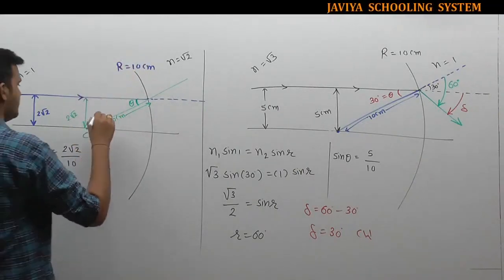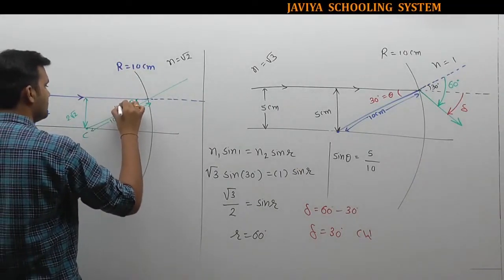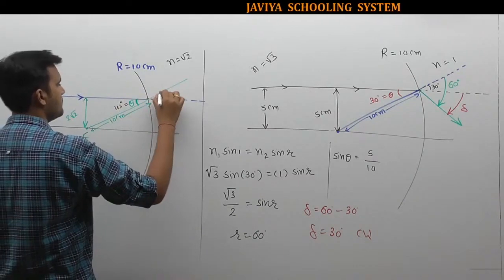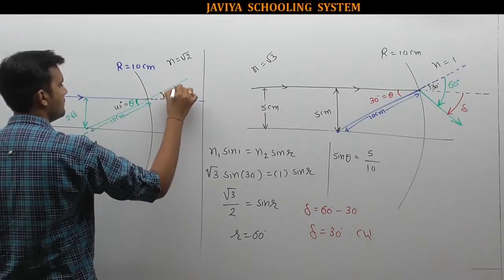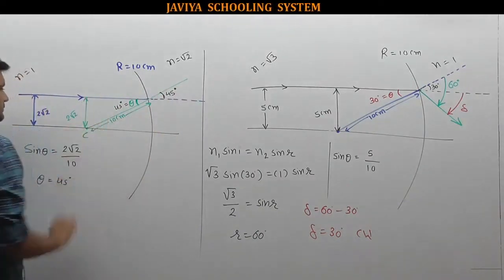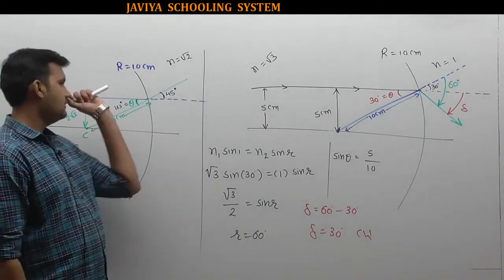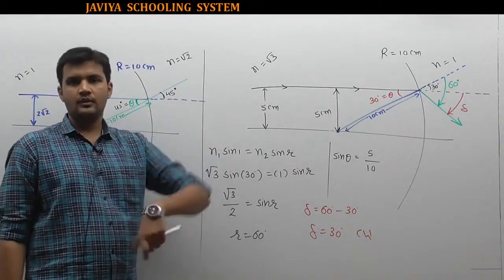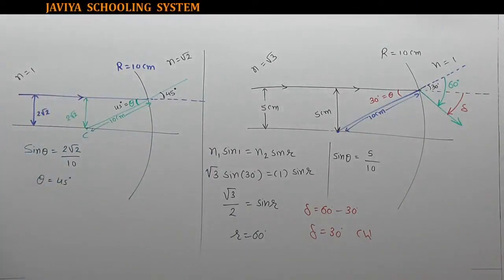So what should this distance be? Let's make the reverse question. Theta is 45 degree. So what should this perpendicular be? 10 sin 45, right? So 10/√2. This should be 10/√2.